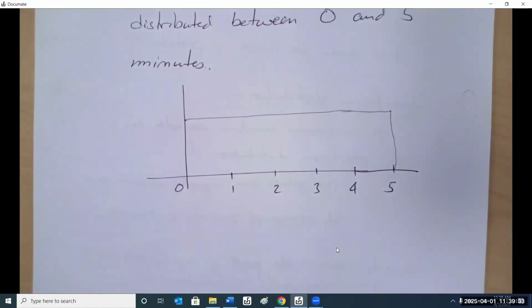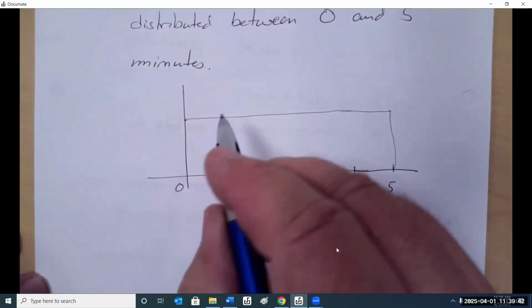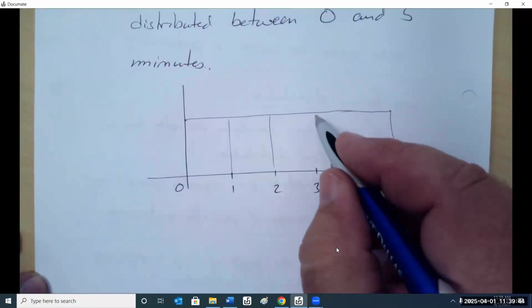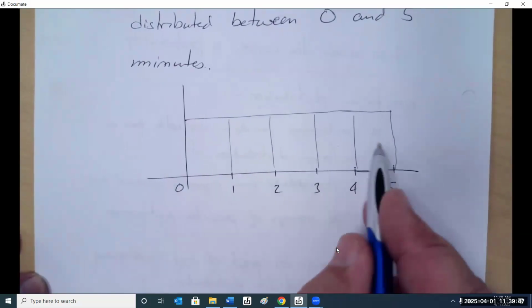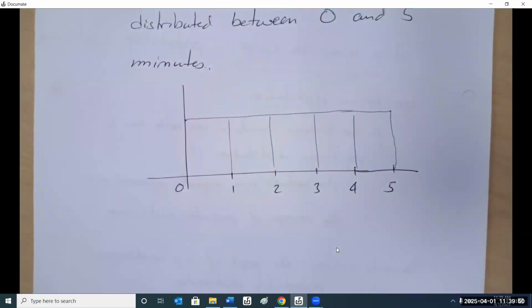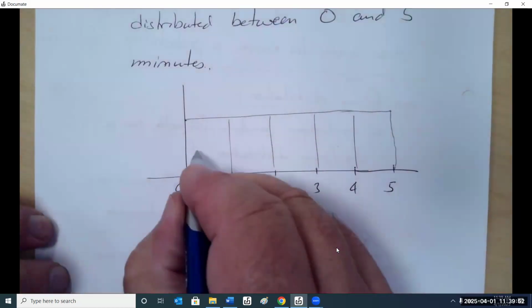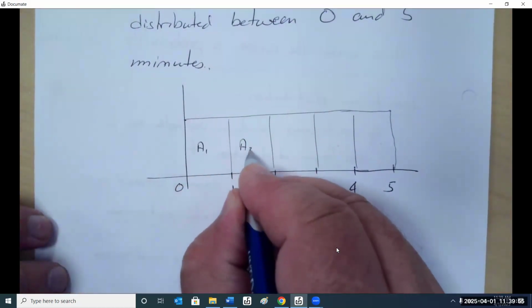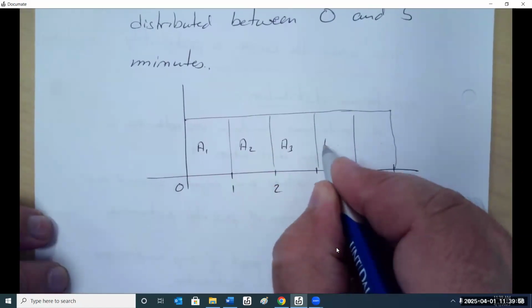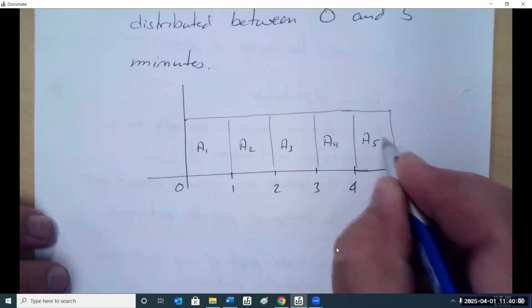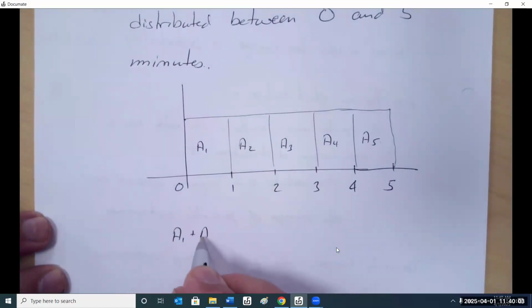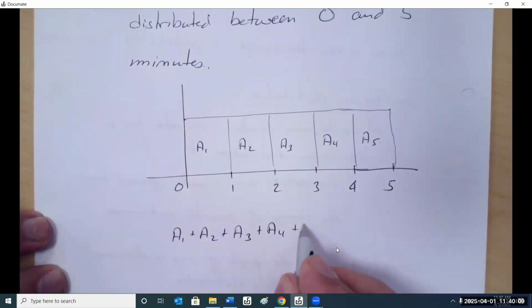Let's see what the question is going to be. So what are the waiting times? Remember, all of these areas, what do they have to equal to? Yeah, so the area of this one plus the area of this one plus the area of this one, all of those areas has to equal 1.